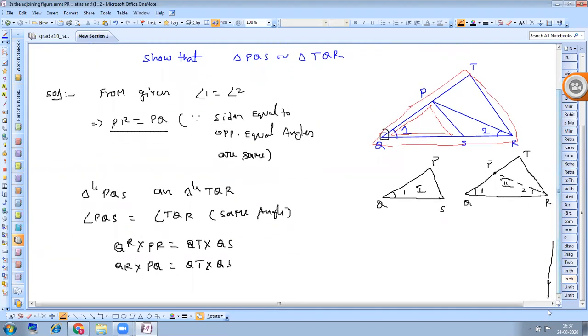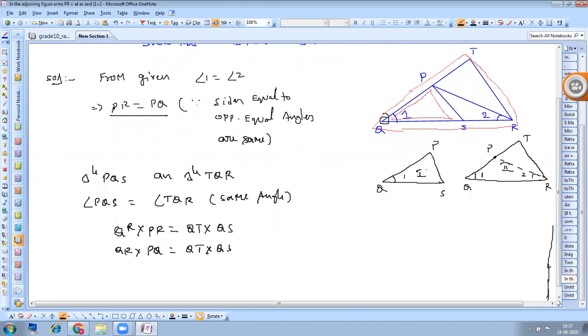Now PQ and QS are related to the first triangle, so I am taking that ratio. PQ is opposite to angle S. Correspondingly PQ is equal to PR here.